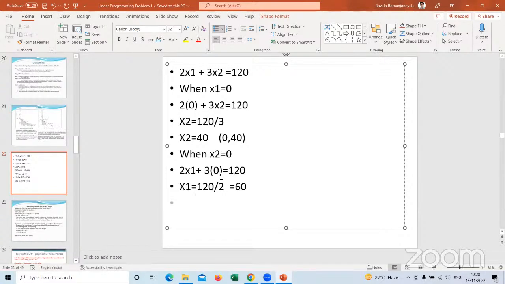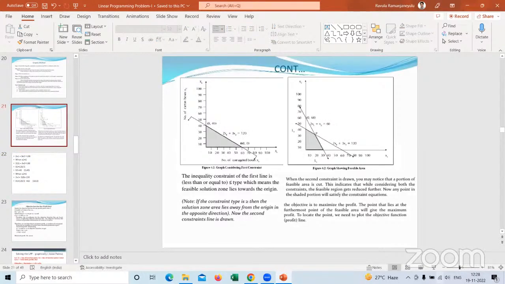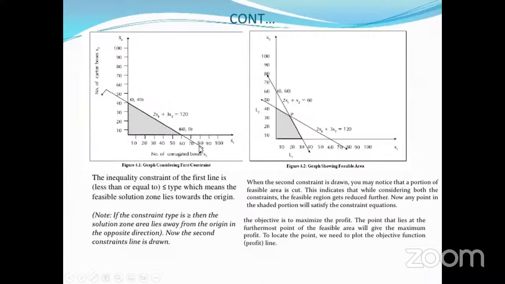Is this clear to you? Here the coordinates will be 60 comma 0. So these two coordinates are shown in this graph. You can see here, on the x-axis 60 comma 0, on the y-axis 0 comma 40. If you join those two points, this is the line of the equation 2x1 plus 3x2 equals to 120.